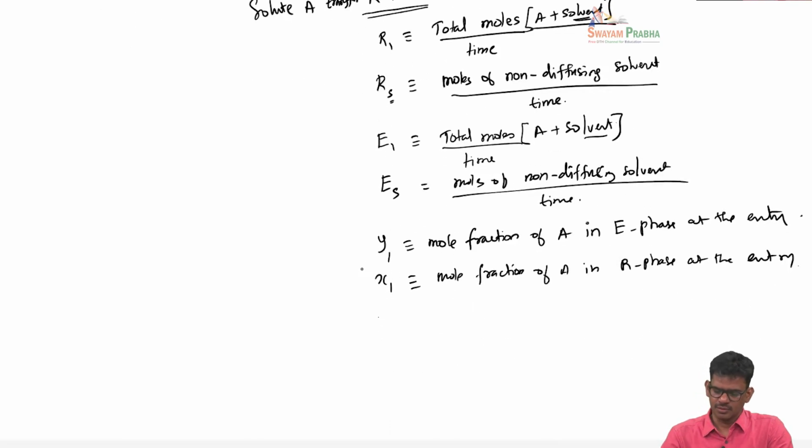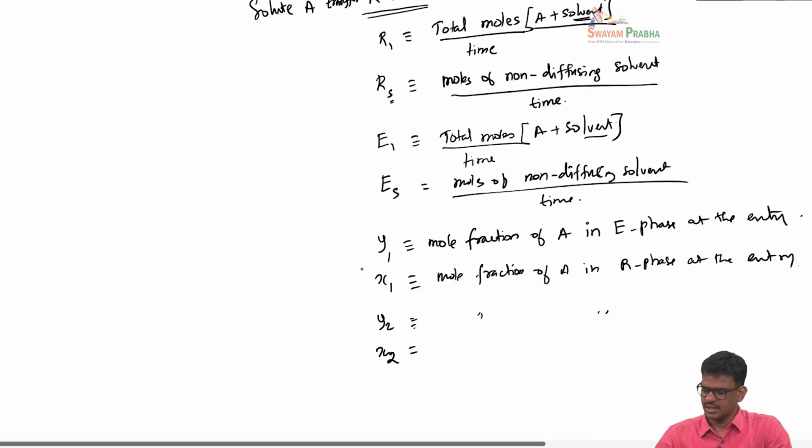And y2, x2 are the equivalent quantities at the exit.